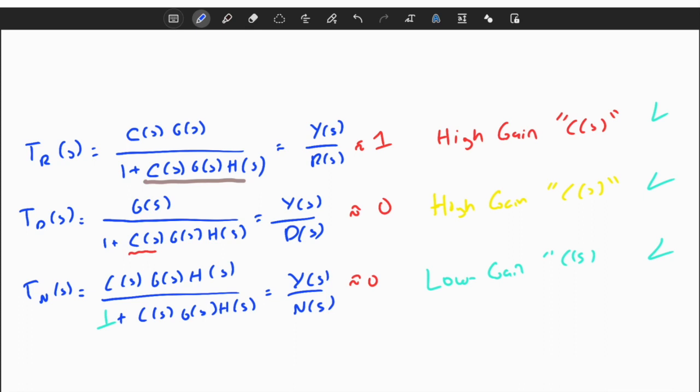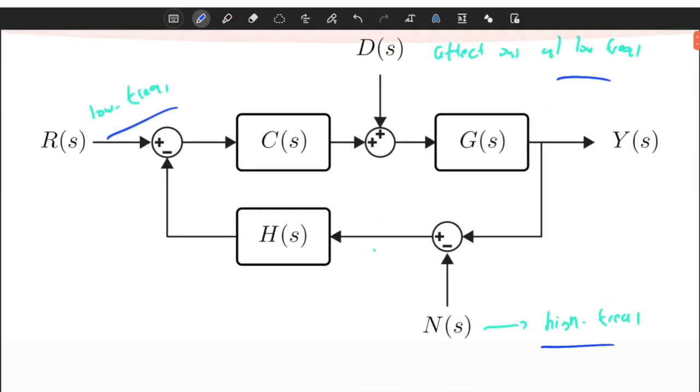By doing this, you can manage a system where you have good tracking, process disturbance, and measurement noise rejection performance. So this is technically a rough way of analyzing disturbance rejection and reference tracking in control systems. Once we learn new tools such as the Nyquist, phase margin, and gain margin, it will be easier for us to address this topology in a more complicated fashion.